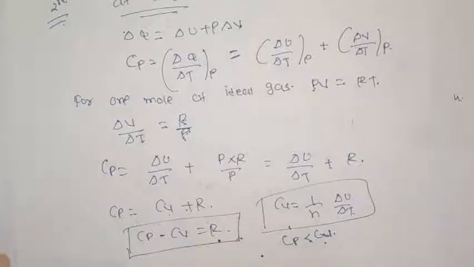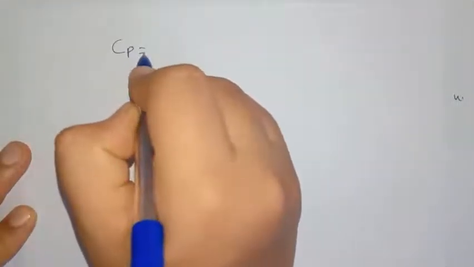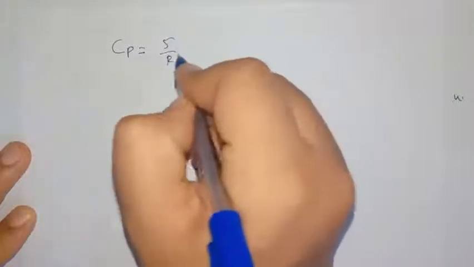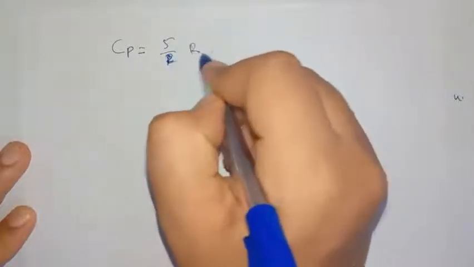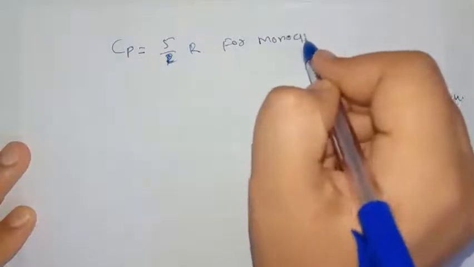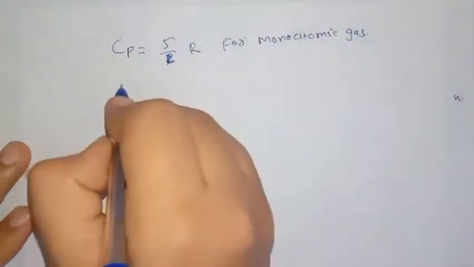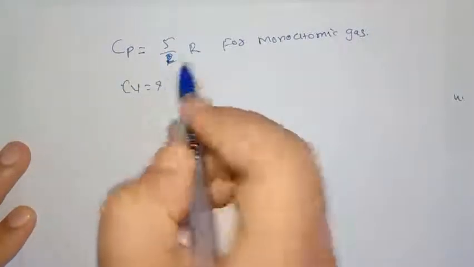Now let us see one example based on the relation Cp minus Cv is equal to R. Given the value of Cp is equal to 5 by 2 R for monoatomic, we want to find the value of Cv.